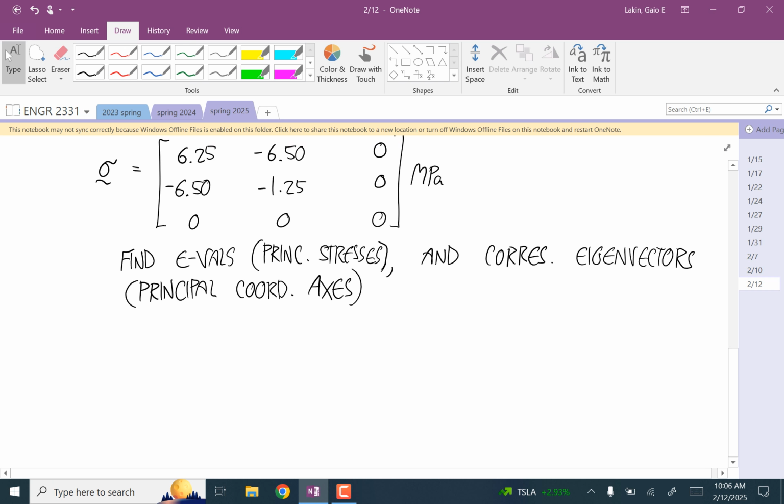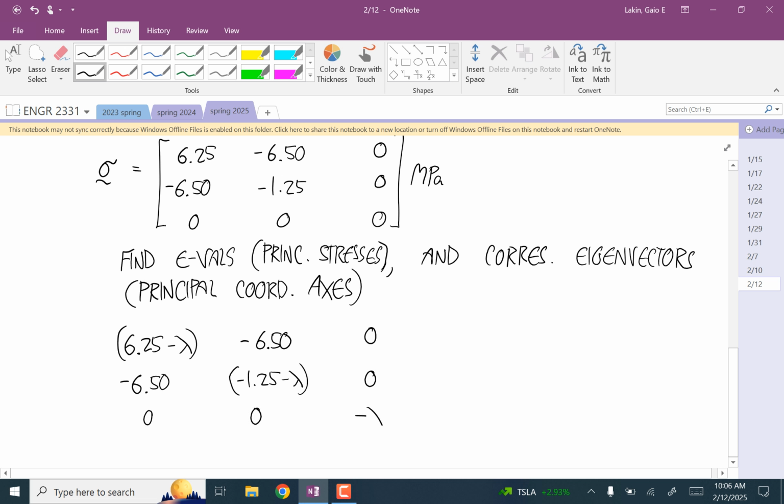Okay, so the way we're going to do this is we're going to take 6.25 minus lambda, negative 6.5, 0, negative 6.5, then negative 1.25 minus lambda, 0, 0, 0, and this is just negative lambda, 0 minus lambda. And we're going to calculate the determinant.